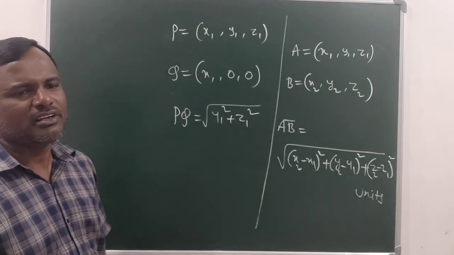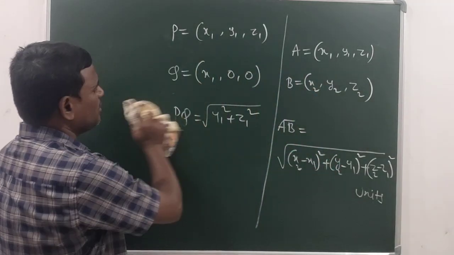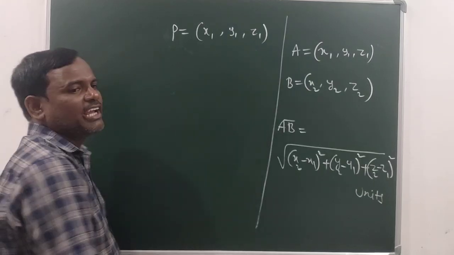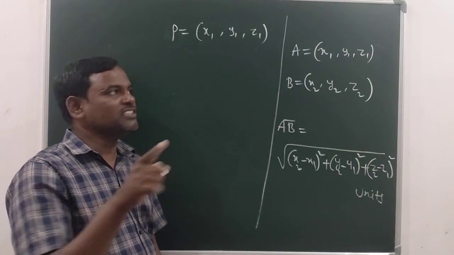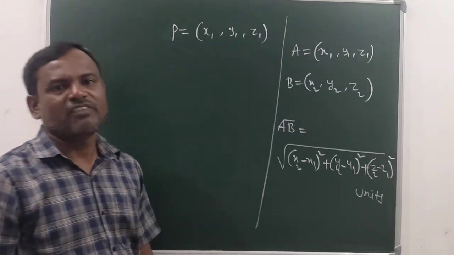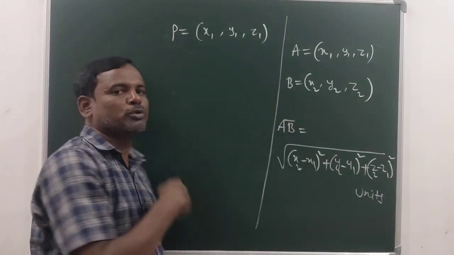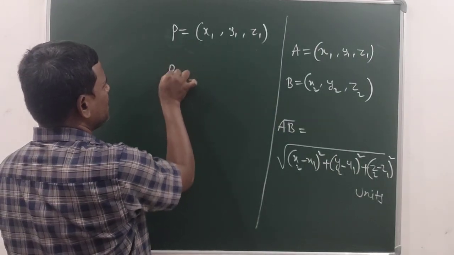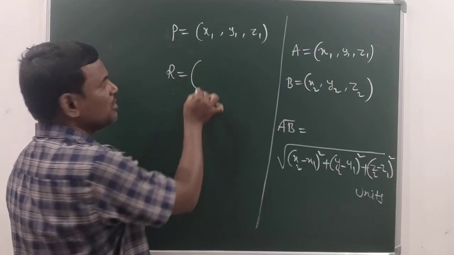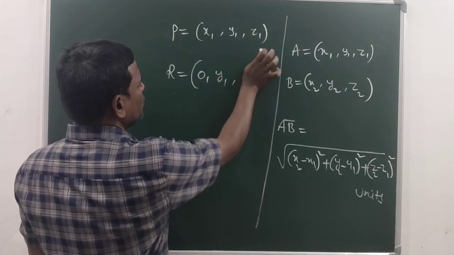What is this? The perpendicular distance from that point P, which is located in the space, to the x-axis. In the same manner, find the distance from this point to the y-axis. So what you have to do? Identify its projection on the y-axis. Let us call that projection R. So 0 comma y1 comma 0 you will get.